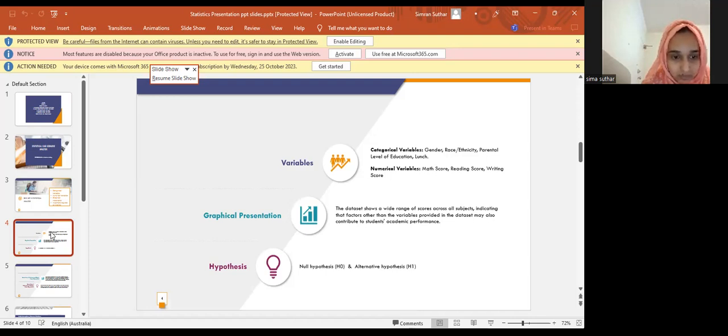The specific groups being compared and the choice of variables can be modified based on the specific analysis and research question. Now the next slide is by Ujma.